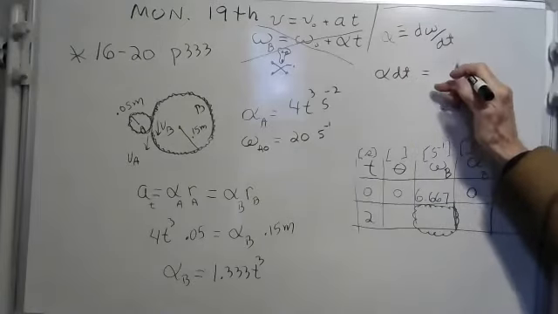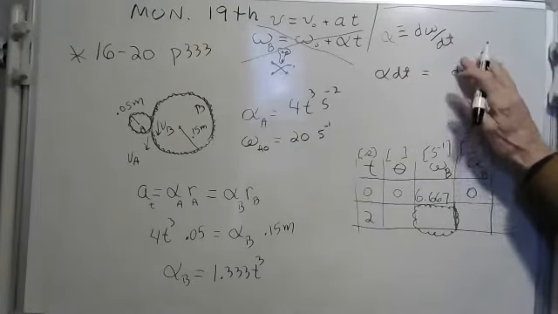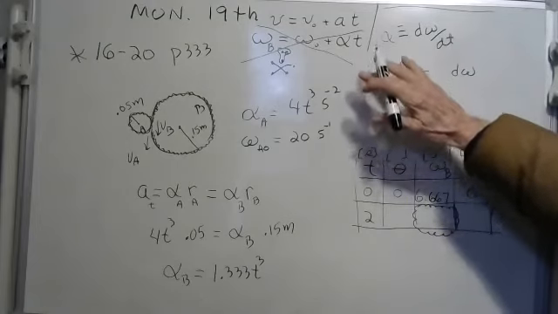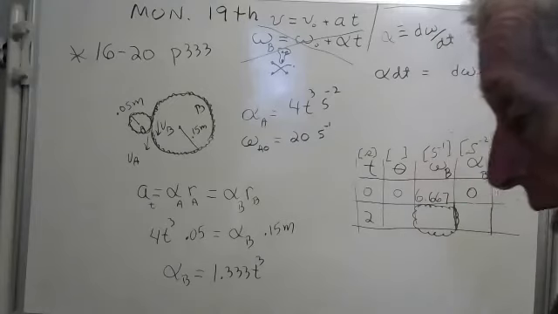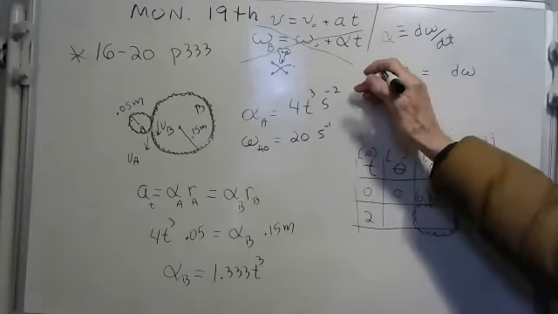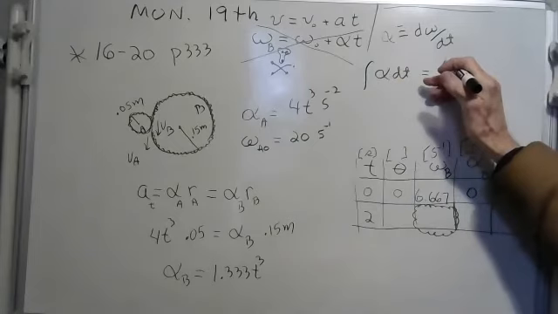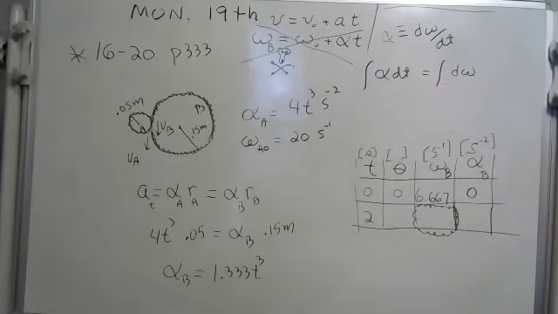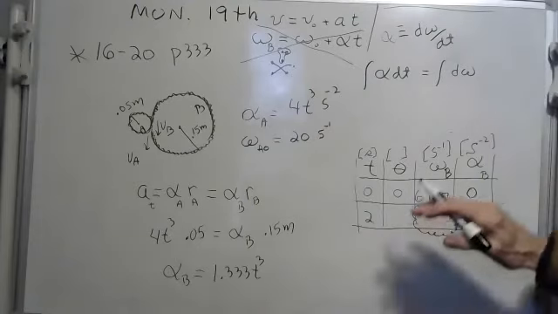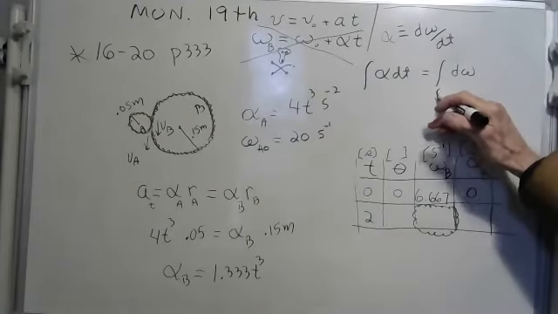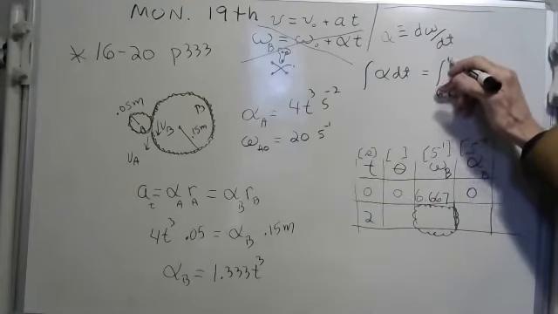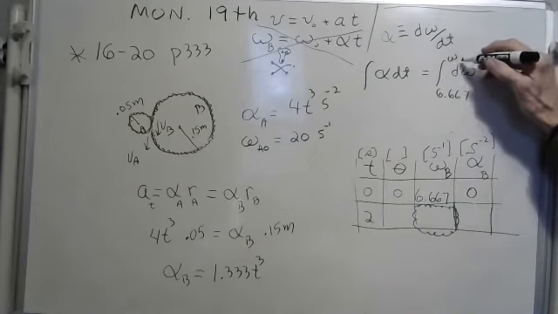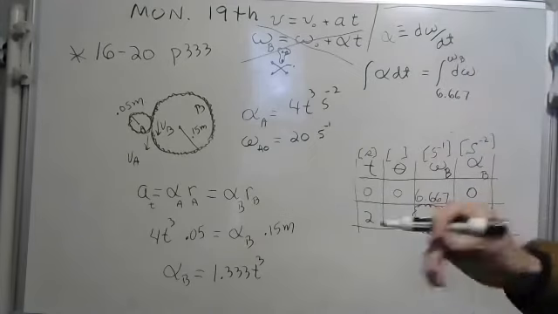Because remember, Nicholas said we're going to have to integrate something. Can you get from here to here? Can you make it? Now we're going to integrate it. Here goes, Nicholas. Now here, we're going to have to go from 6.667 to some omega of B, which we don't know what it is.